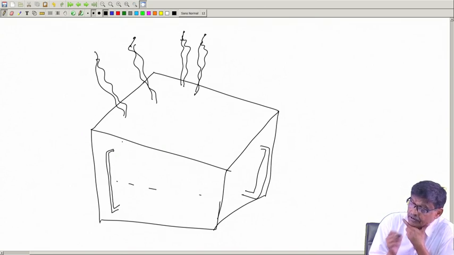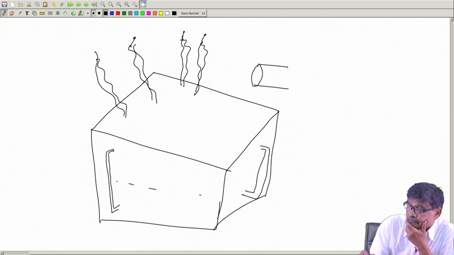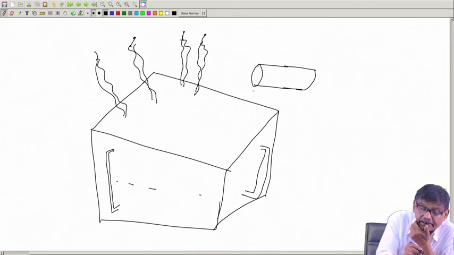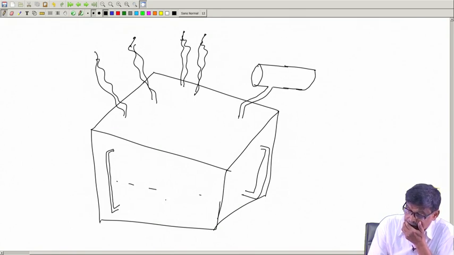Apart from that, you will find another fitting here which is called the conservator tank, a cylindrical tank, and it is connected through a piping here, and this tank is filled with oil, and through this piping it is also connected.